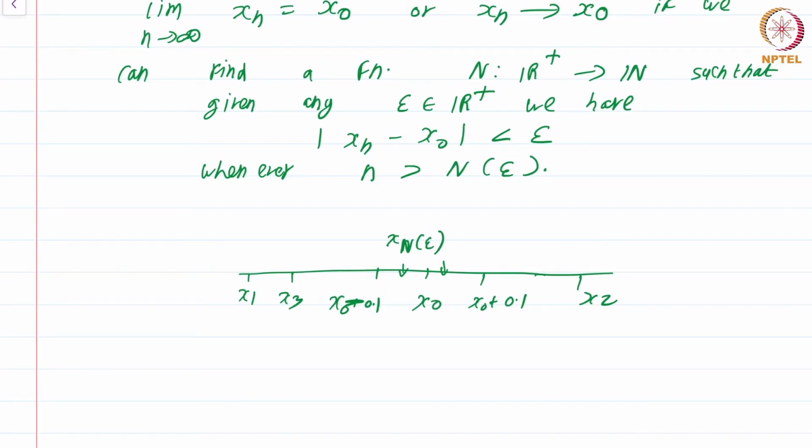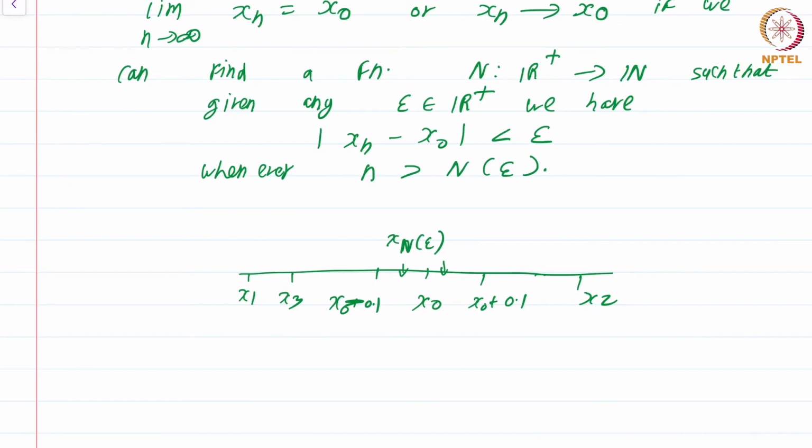So the definition captures our intuition that as you go further and further along the sequence, the terms of the sequence are all clustered nearer and nearer to the desired point x0.